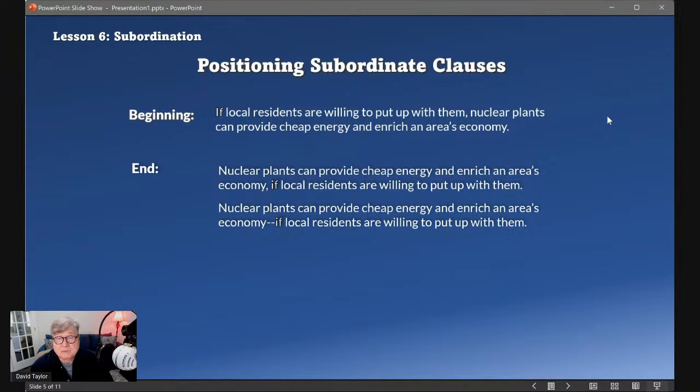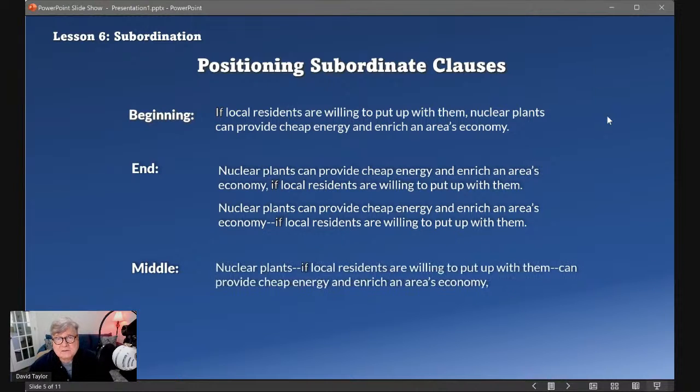Nuclear power plants can provide cheap energy and enrich an area's economy if local residents are willing to put up with them. So that's a really big if set off by that dash. And it serves to, unlike the first sentence, which emphasizes the glories of nuclear power plants, bring it really into doubt. It makes you think twice.